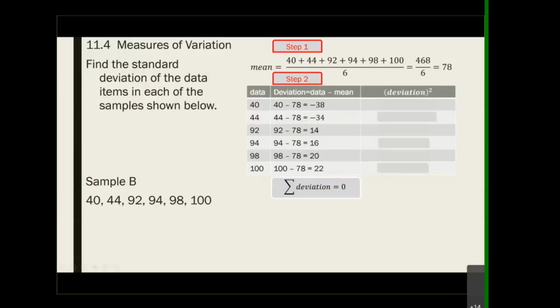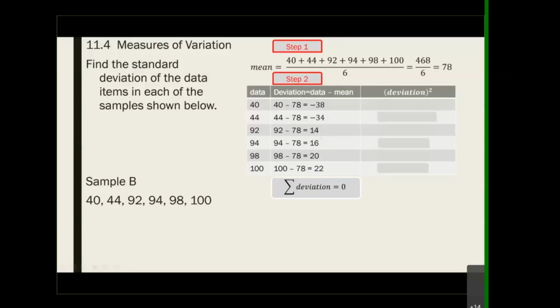Everybody see that negative 72 and a positive 72 will be equal to 0. So right now, everybody see that the summation, if you add all of your deviations, is equal to 0. And again, that just tells you that at step 2, the summation, if you add all these up, has got to be equal to 0. It doesn't have anything unique in terms of that.